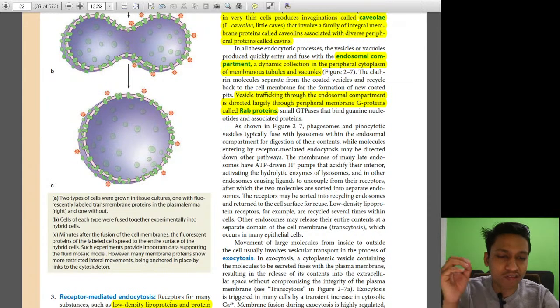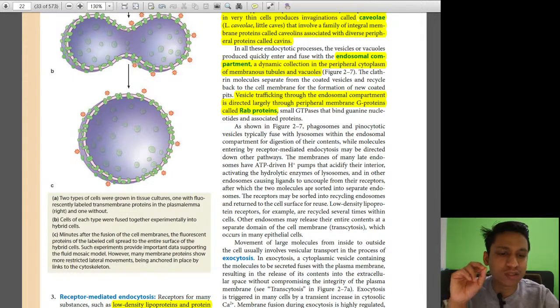The membranes of many late endosomes have ATP-driven hydrogen H plus pumps that acidify their interiors, activating the hydrolytic enzymes of lysosomes and, in other endosomes, causing ligands to uncouple from their receptors, after which the two molecules are sorted into separate endosomes.